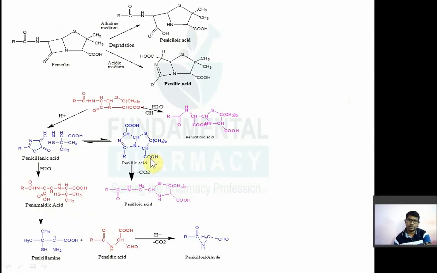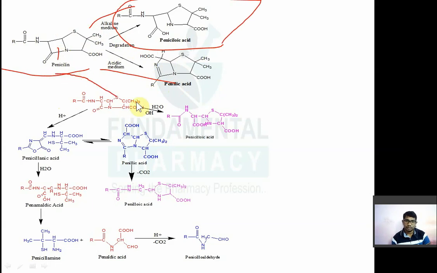Now degradation of penicillins. Penicillins are not stable in acidic or basic conditions. Under acidic condition you get penicillenic acid, and under alkaline medium you get penicilloic acid. If you put penicillin in a basic medium, the beta-lactam bond opens, giving penicilloic acid.